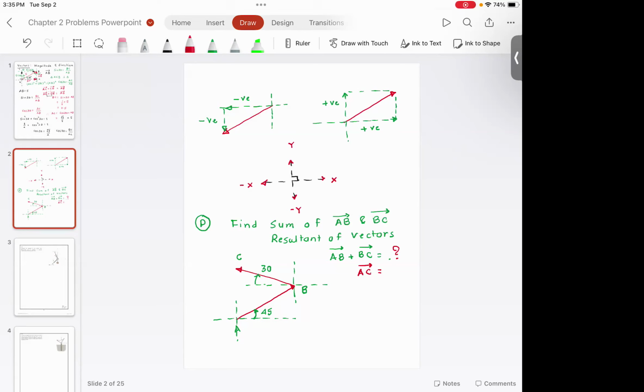So what did I do? I took my coordinate frame and I placed it over here. I took my coordinate frame and placed it over here. Do you agree with me? Yeah. Based on what we did so far, I want to ask you a simple question.